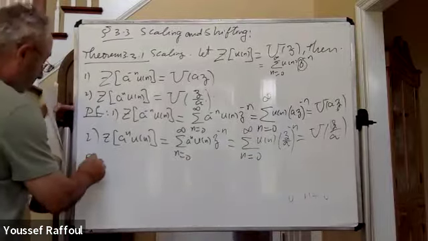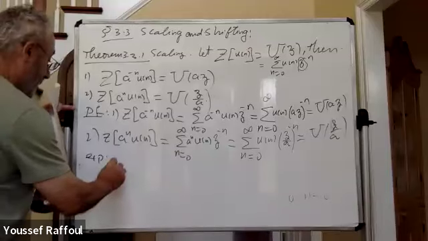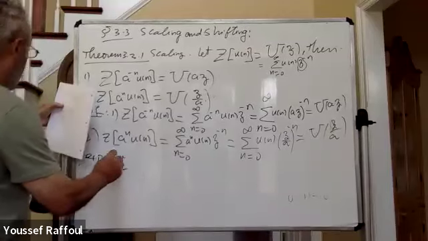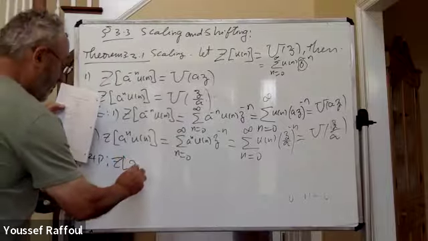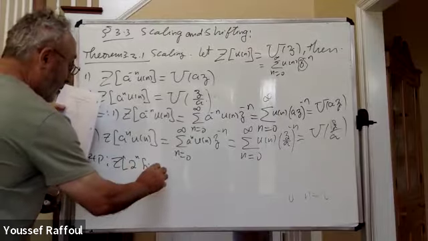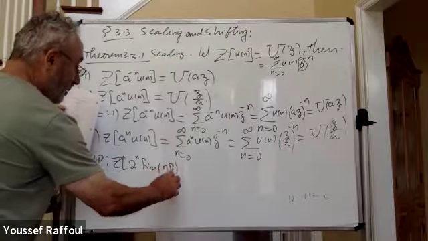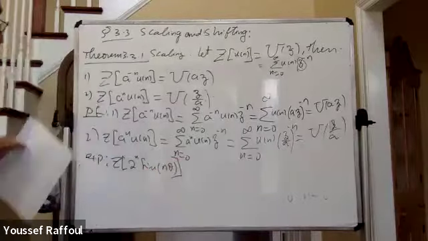For example, let's say I want Z of 2^n sine(n theta).